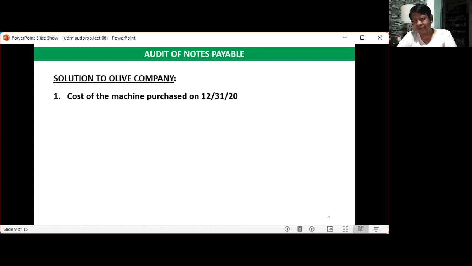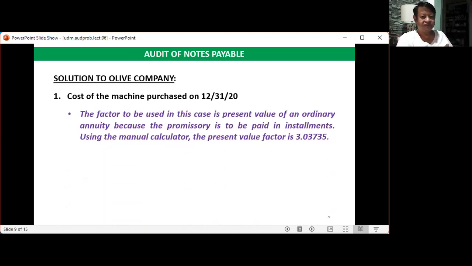After you press the equal sign, you will press M plus as one of the key buttons in your keypad. After pressing M plus, you will press GT, and you will arrive at the present value factor of 3.03735. So here is our computation.